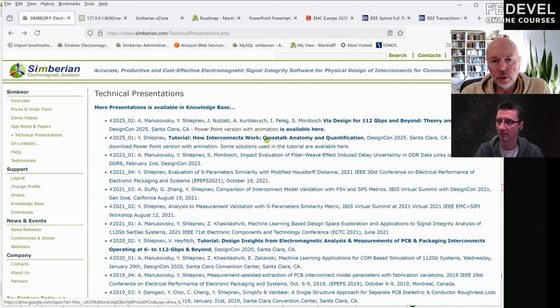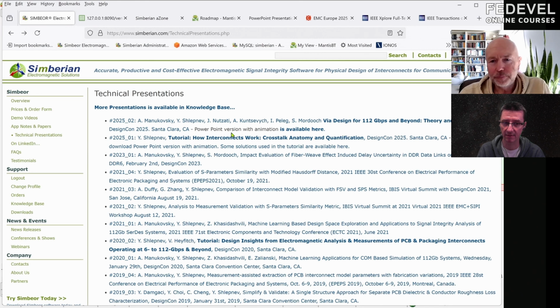So you can download it and use viewer license to generate different views if you want to learn how signals travel, how interconnects work basically.